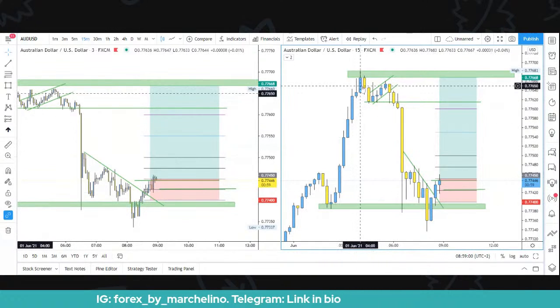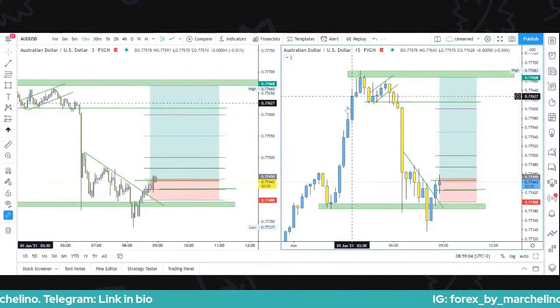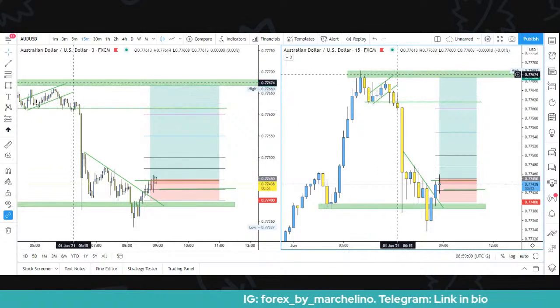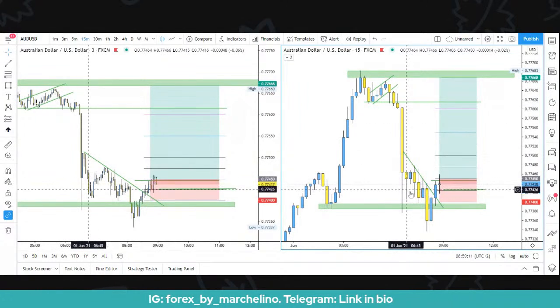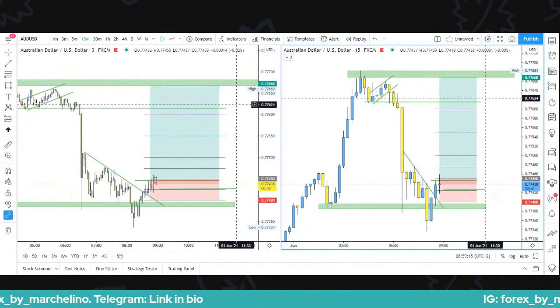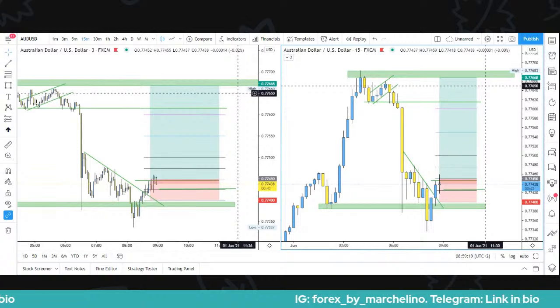So this is impulse. I don't know how to define this, because I can't say impulse, but it does kind of look like an impulse, correction, followed by impulse, and now this is more of a correction right here. I hate the fact that AUD is not going to close with momentum.